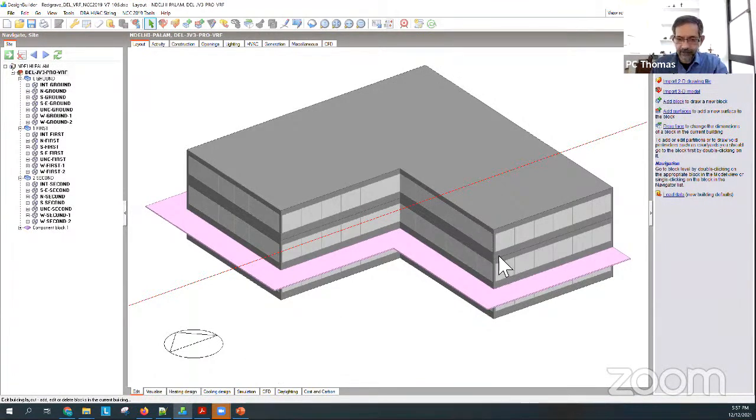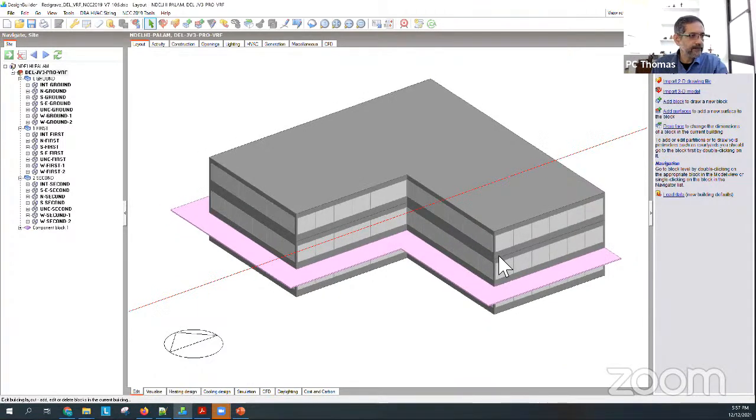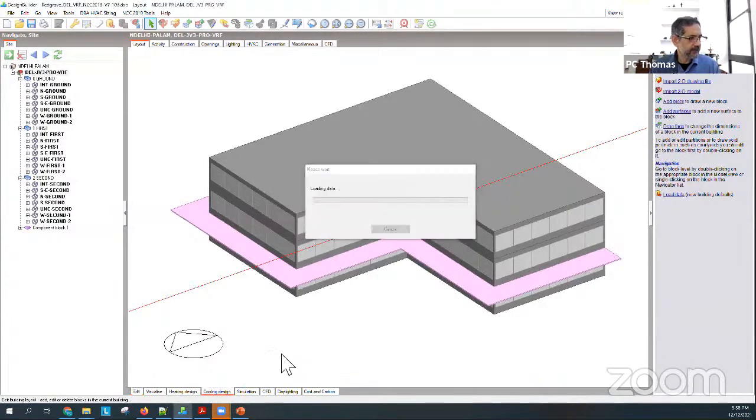So that's something to think about. I won't take up the time here. You can try that out yourselves. But this is how you do a cooling load calculation in DesignBuilder, okay?